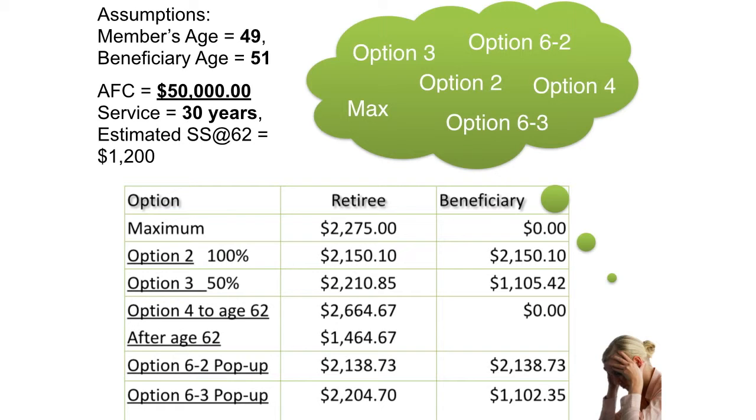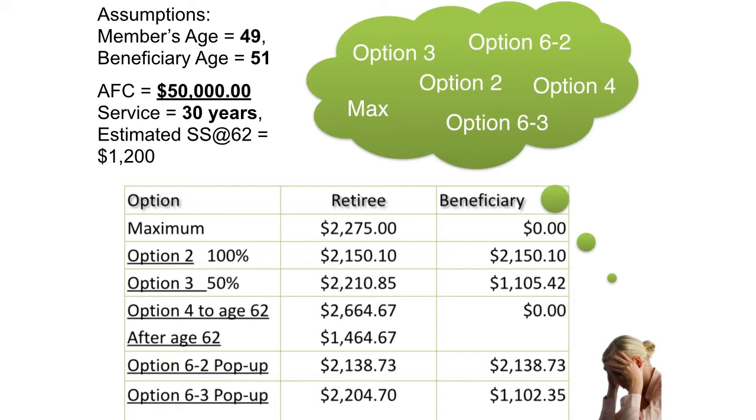The same thing happens with option 6.3. This is a 50% joint survivor, so we are going to pay the member more now because we're only going to be paying the beneficiary half. In this example, that's $2,204.70.